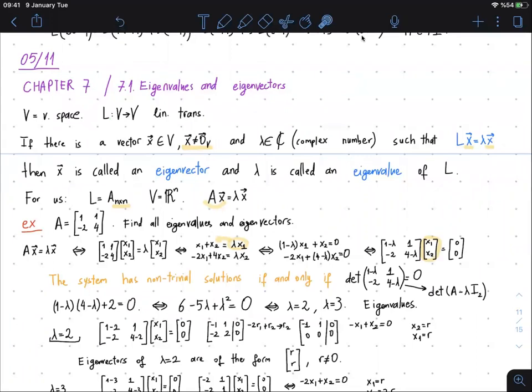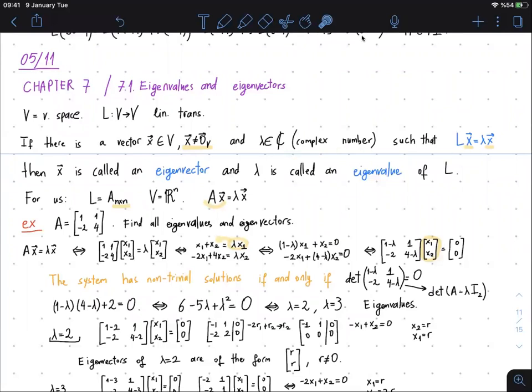Then we defined something called an eigenvector and something called an eigenvalue, and these were defined by: if L sends the vector to a multiple of that vector, okay? Here, this lambda is a scalar. Up until now, we always assumed that scalars were real numbers, but now we make a change and we must allow complex numbers to be scalars as well, okay?